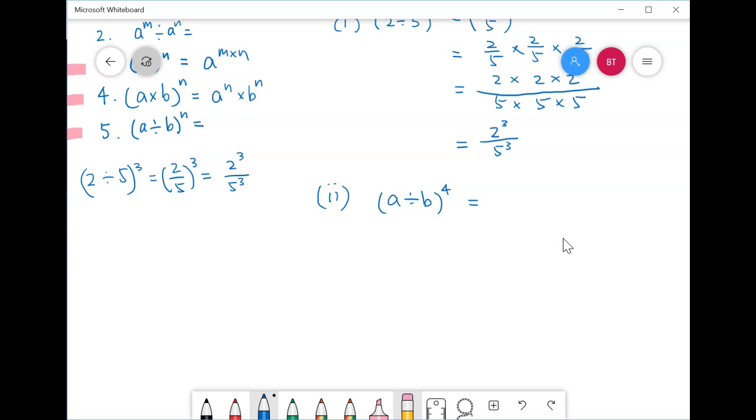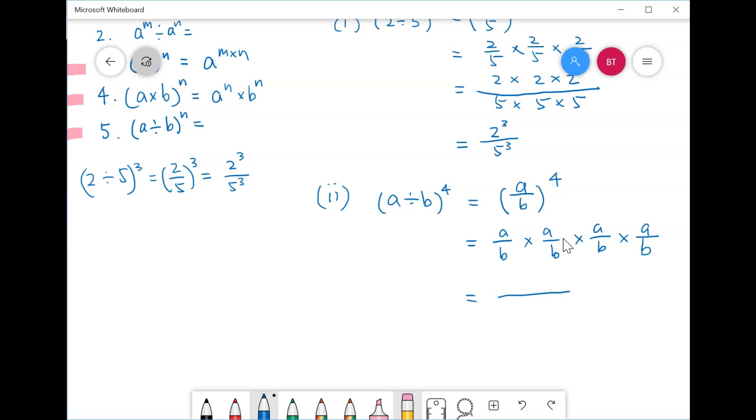So we're going to take a similar approach. a divided by b is the same as a over b and outside power 4. And now I also do the same: a over b times a over b times a over b times a over b.